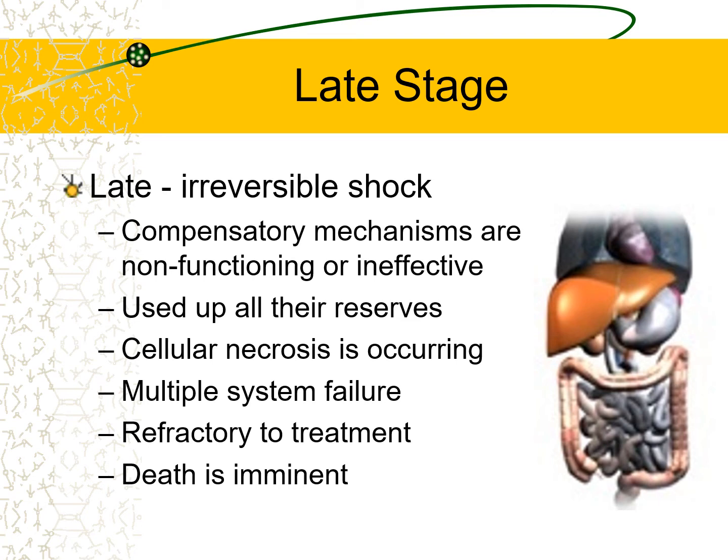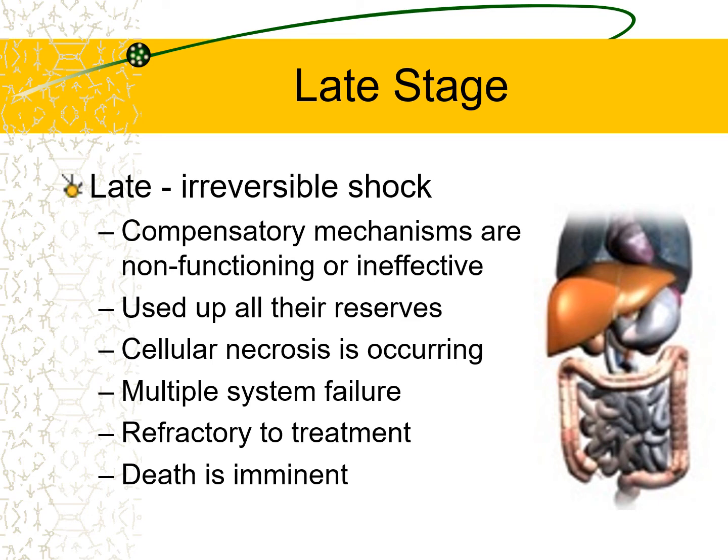This late stage or irreversible shock, stage 3, is also referred to as refractory shock. Refractory. In other words, no matter how much we try, we cannot change its course. This person is going to die.